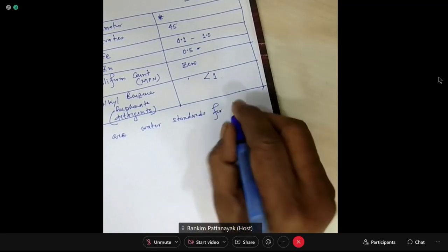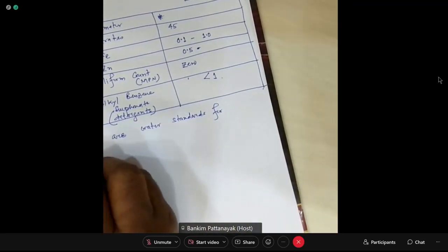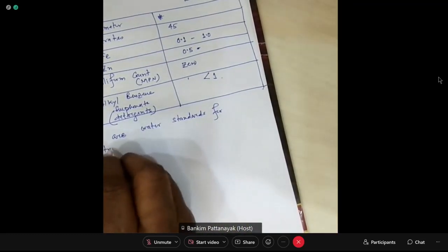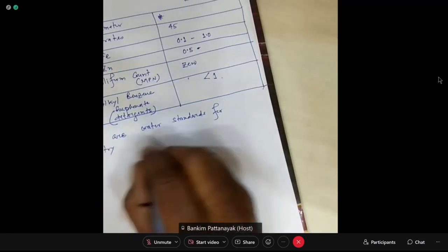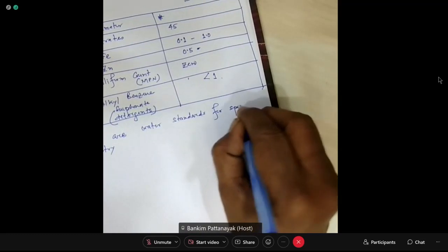There are water standards for specific industries.